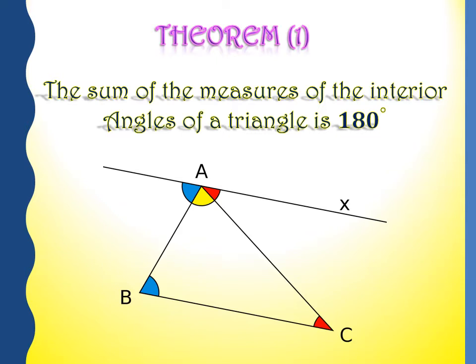The yellow angle already exists in the triangle, and the other two angles, the red and the blue, equal the two other angles of the triangle by alternate angles. From this we can prove that the sum of the measures of the angles of any triangle equals 180.